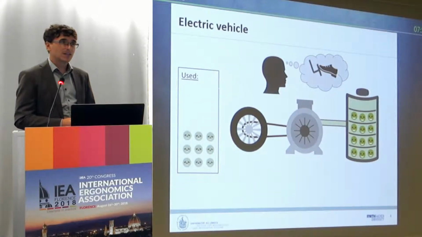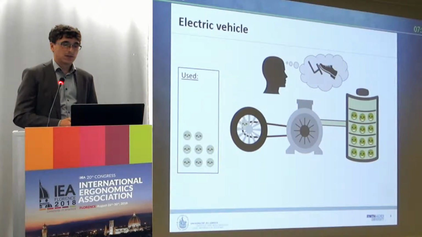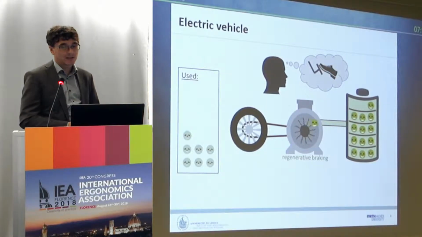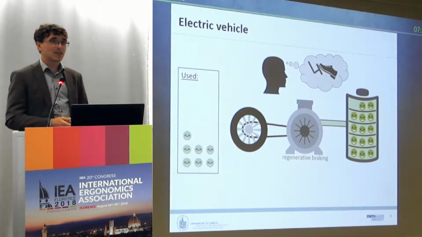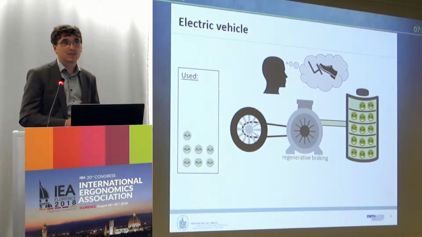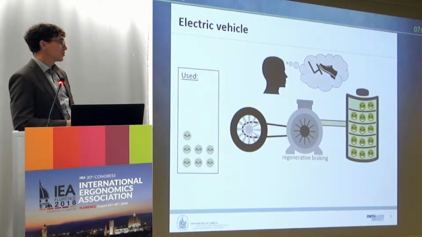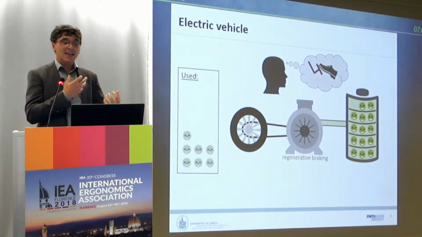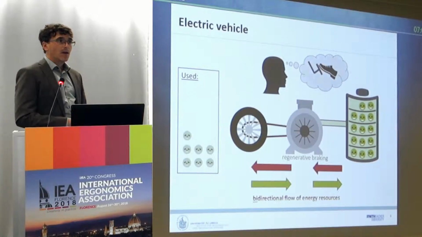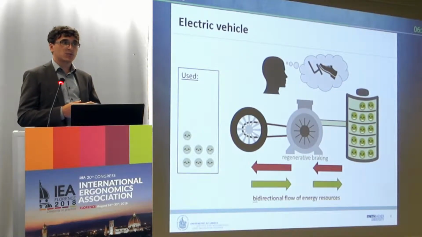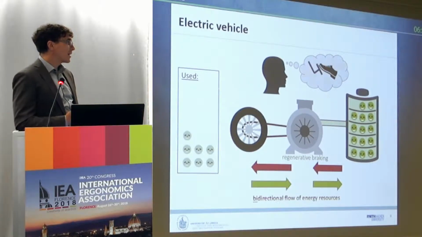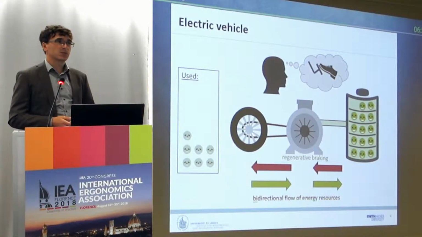Now, the difference is that when you decelerate, the electric motor runs back to produce from the movement these small little charged electrons and puts them back in the battery. So it's no goodbye forever. If you lose your little electrons in an electric motor, you can regain them in regenerative braking. And so you could say, first of all, the energy resources will not just go down, but they will fluctuate, and there's a bidirectional energy flow of energy resources.